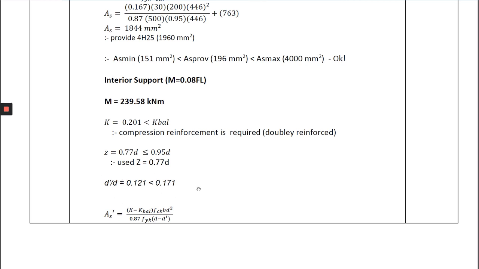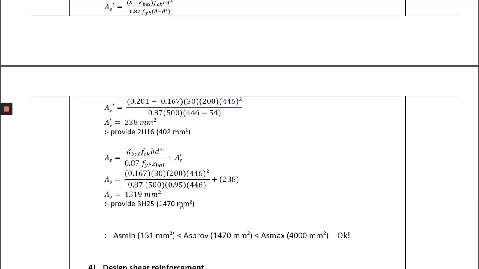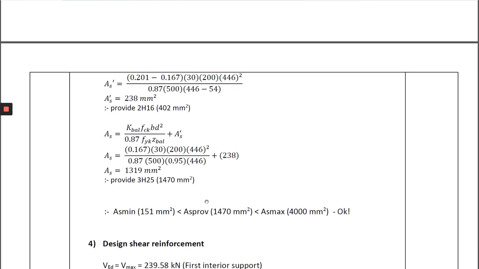Both formulas can be used to determine which formula you're going to use to determine AS, area of tension reinforcement required. So I'll get the answer here for compression reinforcement at the top is 2H16, 402, and then for the tension reinforcement 3H25, 1470, is in between.